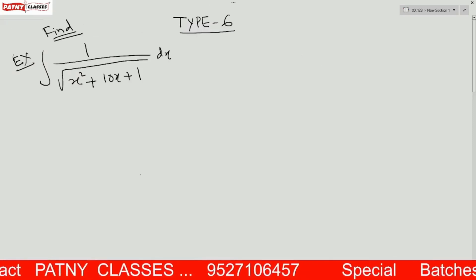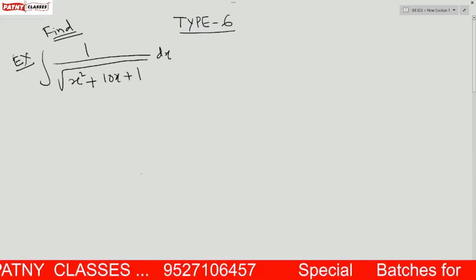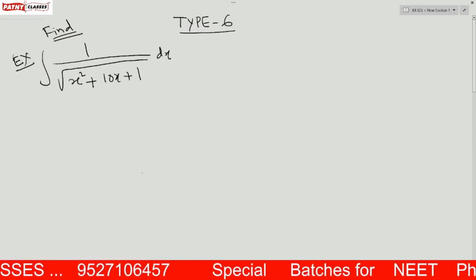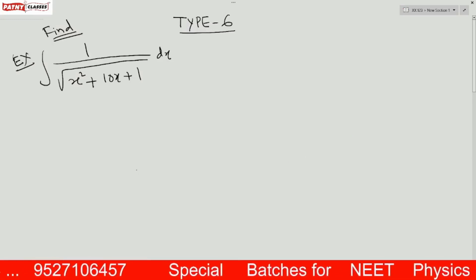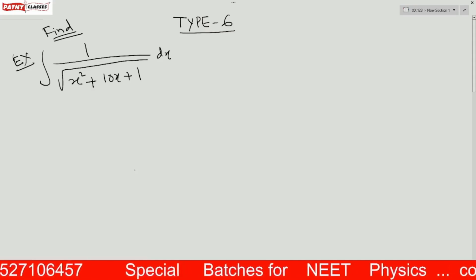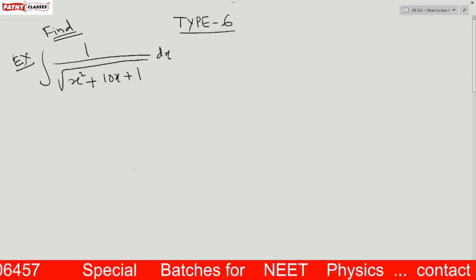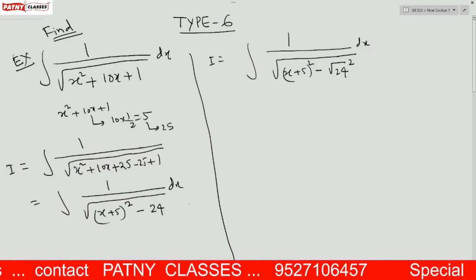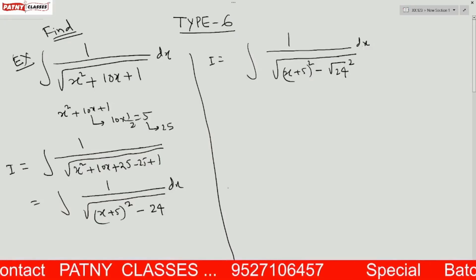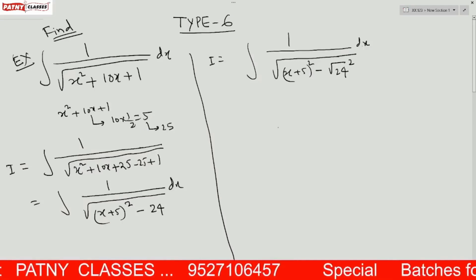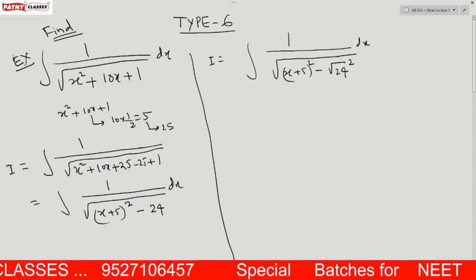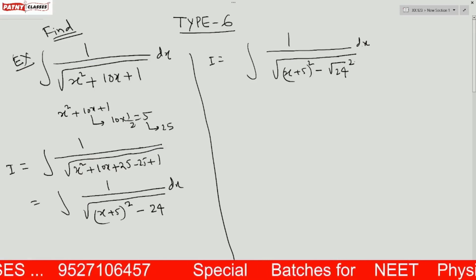Find integration of 1 upon under root of x square plus 10x plus 1 with respect to x. The primary steps are the same as the previous problem. After making a perfect square, we get 1 upon under root of x plus 5 whole square minus root 24 square.